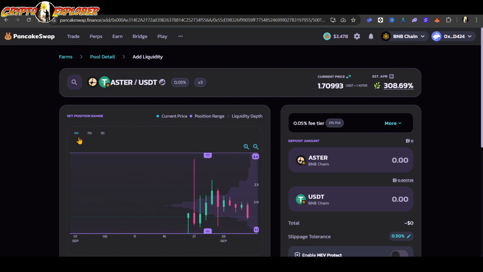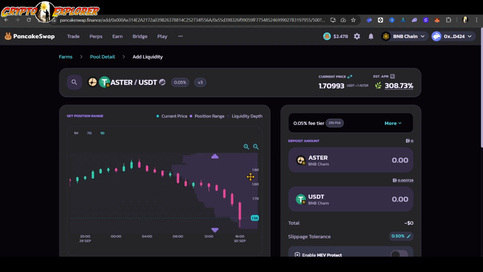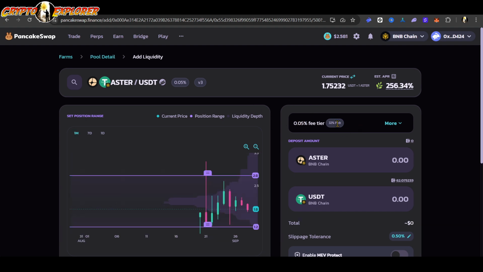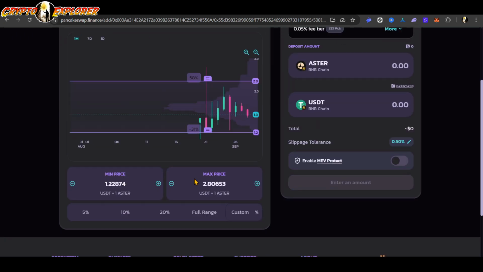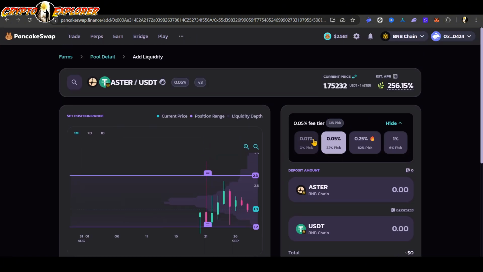It's by default showing 1 month, but this is a very early token, so it doesn't have one whole month of metrics to show, but you could go also with 7 days, 1 day, and you can see how the price and the liquidity has been moving for that amount of time. We still have not added liquidity, right? So after you determine your minimum and max price, we can go up here and select.